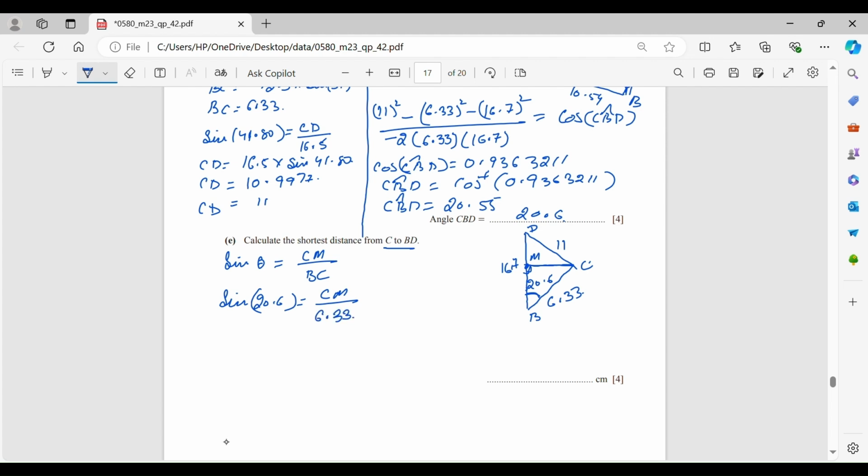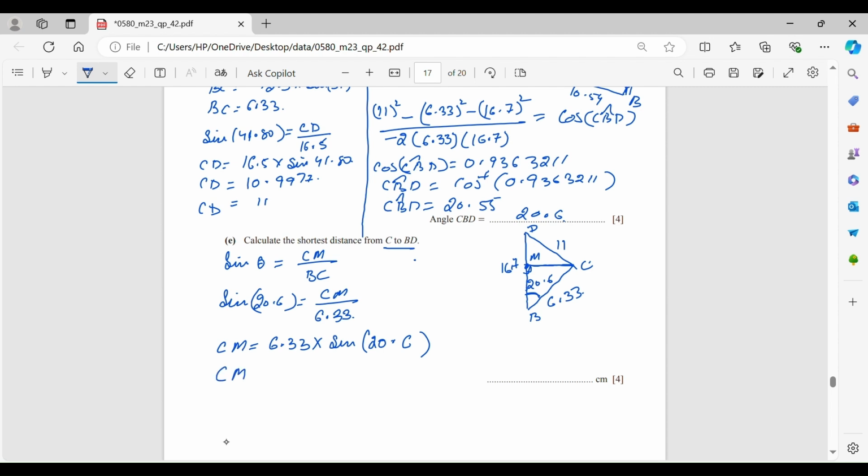Now CM is equal to 6.33 into sine 20.6, right? We will use the calculator here.